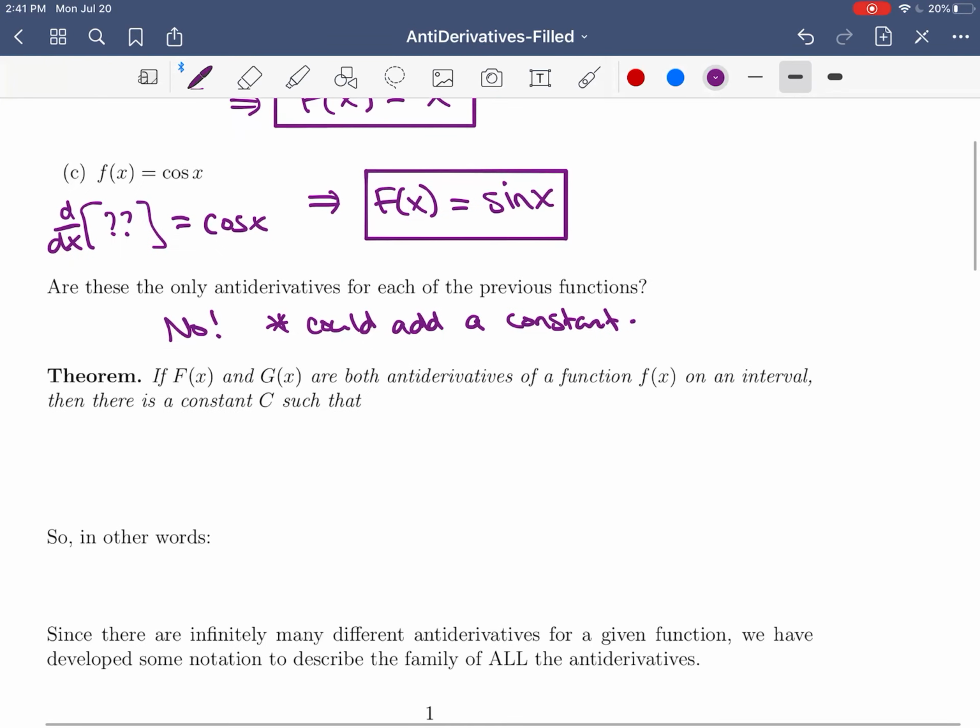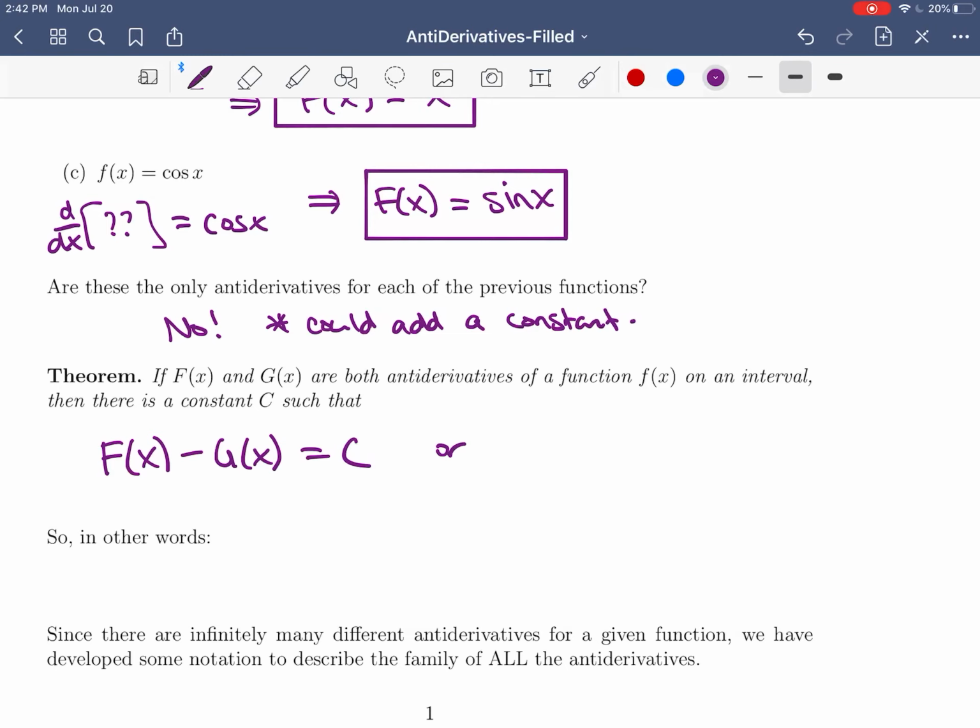So that's what this theorem says. If capital F of x and capital G of x are both antiderivatives of a function little f of x, then there is a constant c so that if you subtract them, it doesn't matter what order, you just get this constant. Or another way to say it is that one of them is the other one plus some constant.